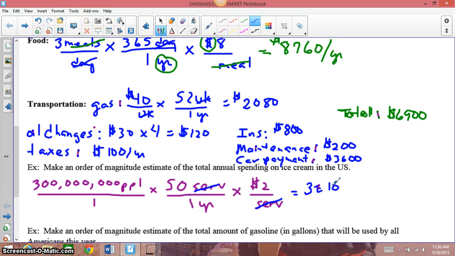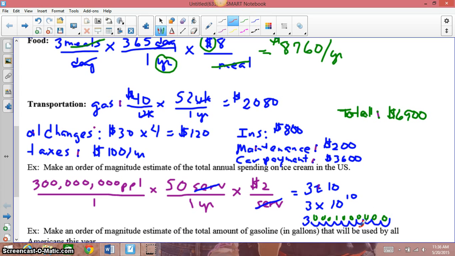3E10. What that means is a scientific notation, so that means 3 times 10 to the 10th. And so that's taking that 3, and here's your decimal behind it, and moving that decimal 10 places to the right. So 1, 2, 3, 4, 5, 6, 7, 8, 9, 10. And inserting all of those zeros in between there. Go back and put my commas in.